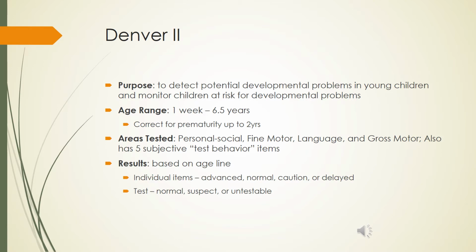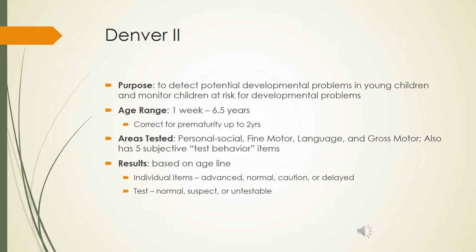We don't expect a baby that was born at 28 weeks gestational age, 12 weeks early, who should still have 3 more months to develop inside the womb, to be able to do what a normal newborn does, or even when they're 3 months old, what a normal 3-month-old can do. We expect them to be able to do what a brand new term newborn can do. So we give them that leeway. For the Denver, you give them that leeway up until 2 years old.